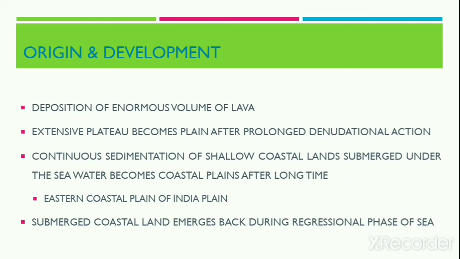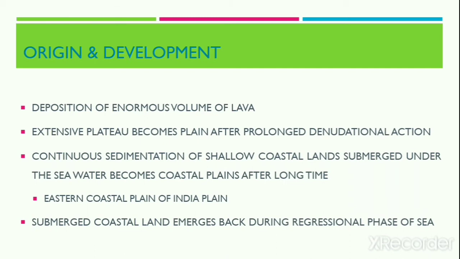Sometimes coastal lands are submerged under the seawater because of the transgressional phase of the sea. Such coastal lands submerged under the shallow water receive sediments regularly, and after a long time of continuous sedimentation, narrow coastal plains are formed.